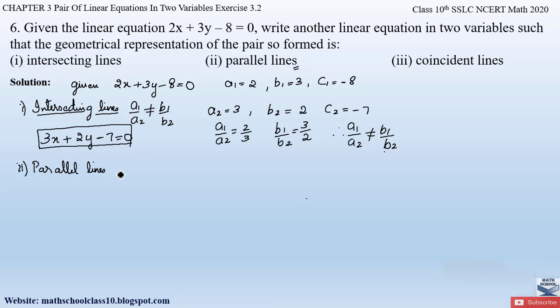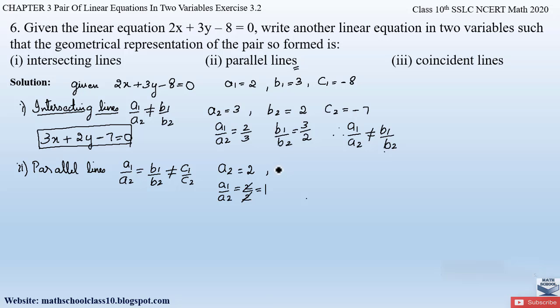So for parallel lines, we should have a1 by a2 equal to b1 by b2, and this should be not equal to c1 by c2. So we should make sure that a1 by a2 should be equal to b1 by b2. Here we already have the a1, b1, c1 values. So let us take the a2 value equal to a1 itself, so that a1 by a2 will be 2 by 2, that is cancelling 2 and 2, we get 1.